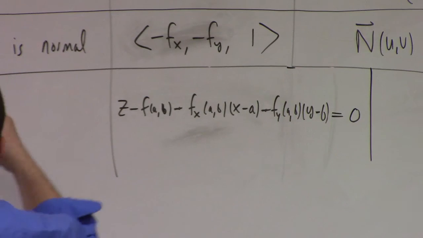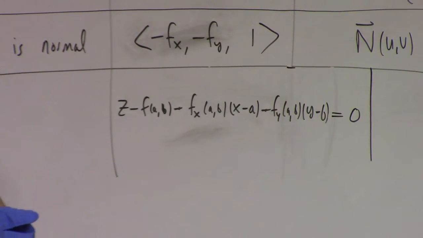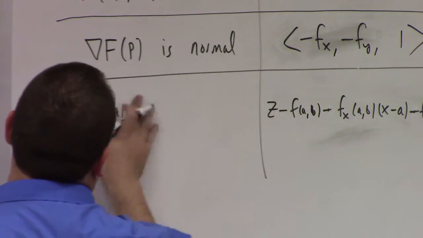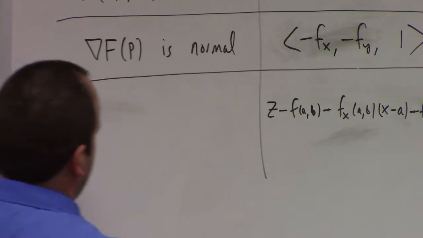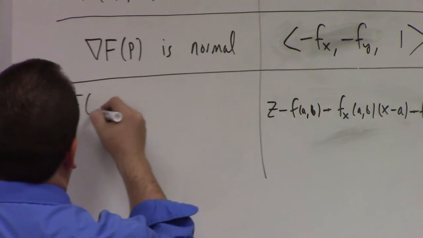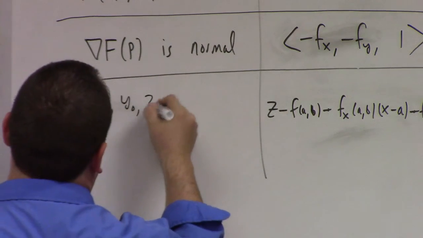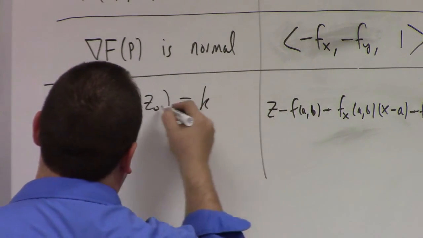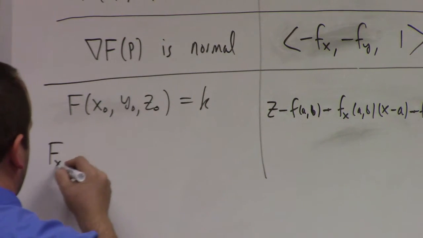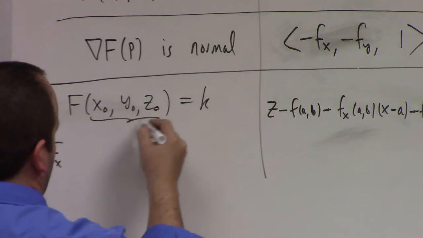So the equation down here would be what? It's f_x of p times x minus a plus... Tell you what, can I just not write the equations down there? Do you know what I'm saying? Once you have the normal, you can write down the equation once you pick a point. If I have x naught, y naught, z naught on the level surface f equals k, let me call this point p naught.